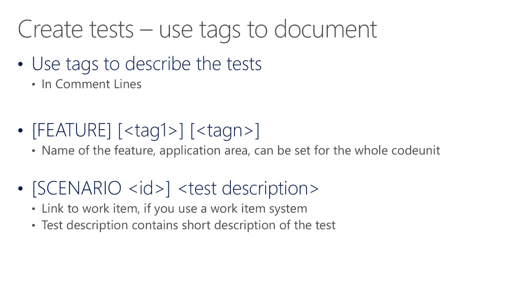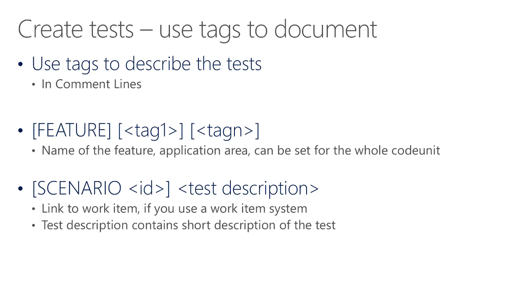The easiest way to accomplish that is to just create a test code unit for each scenario, and inside of that scenario you can then use tags to describe the tests. In C/AL code units, obviously you would put this in the comment section, but for AL, you can put comment lines anywhere in the object.